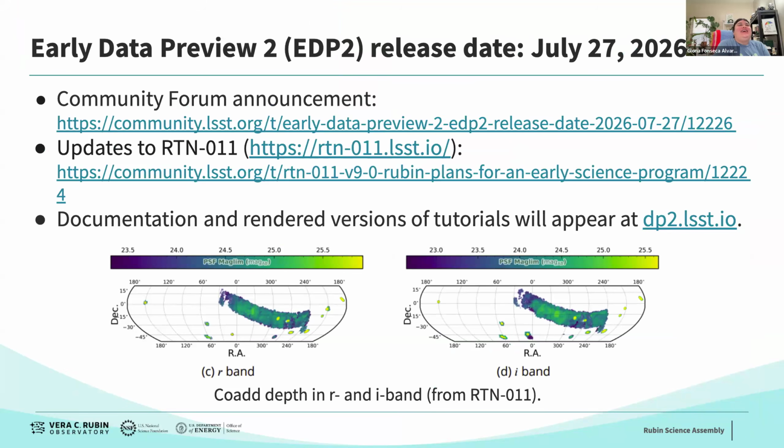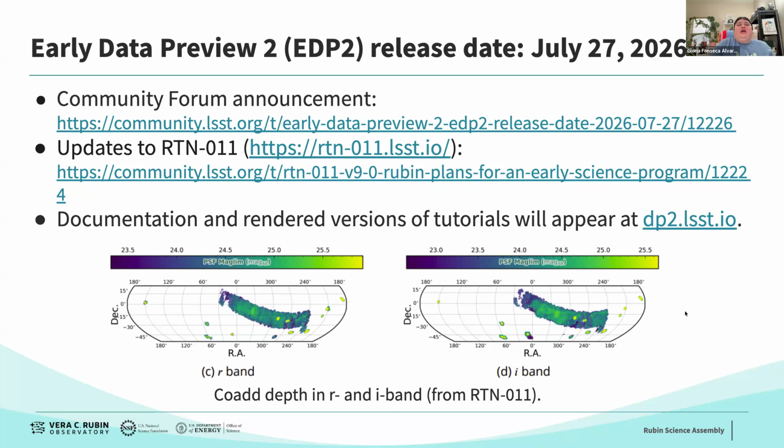Another super exciting thing is that Data Preview 2 will be coming out on July 27th. That overlaps with the Rubin Community Workshop. There have been updates to RTN 11, which tells you all of the plans for early science. You can see here the sky coverage for DP2 and the expected depths.